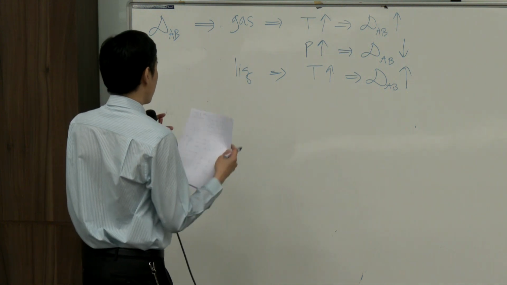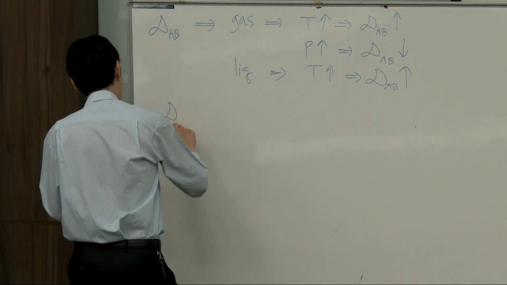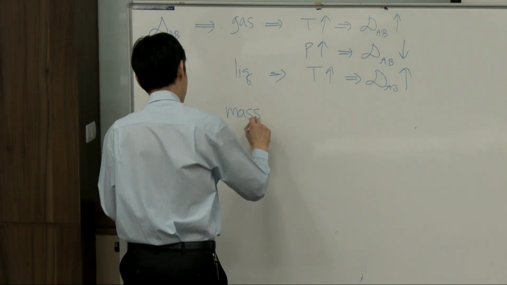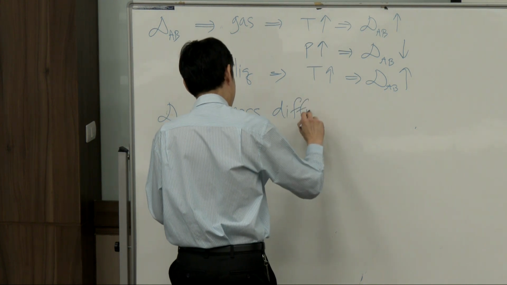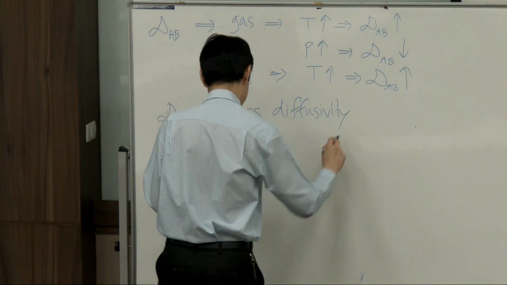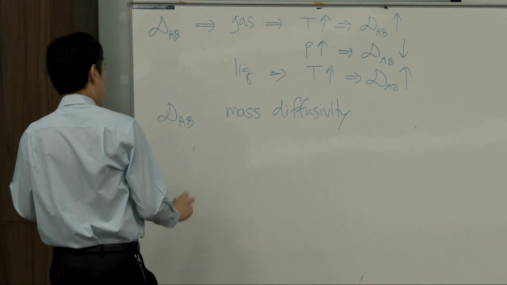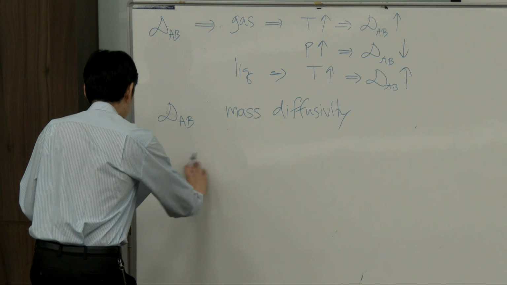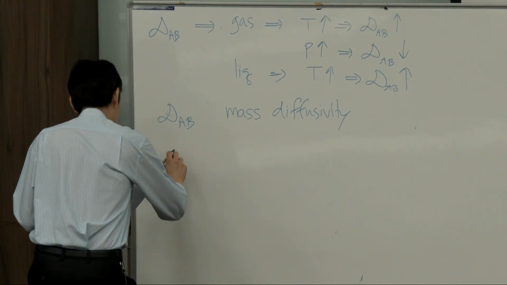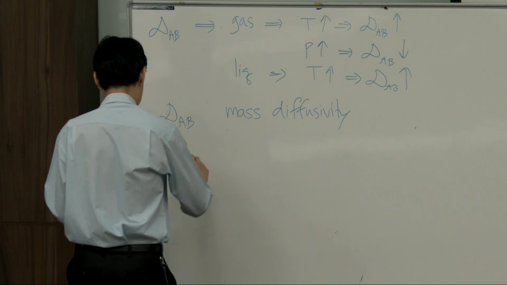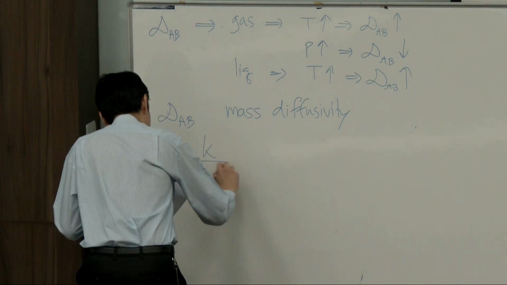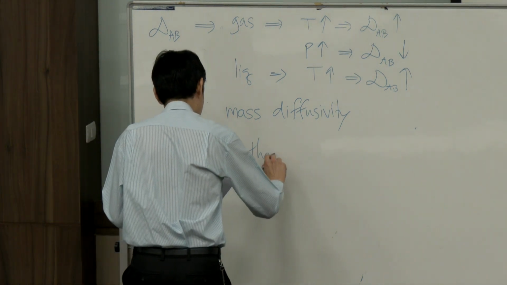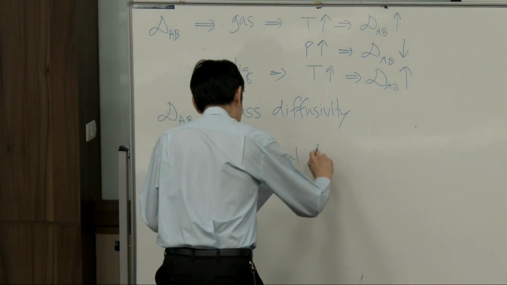Now, DAB sometimes is called mass diffusivity. It has unit of meter square per second. We have seen another two variables with the same unit: alpha, which is K over rho Cp, called thermal diffusivity.